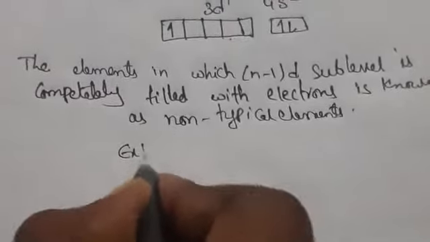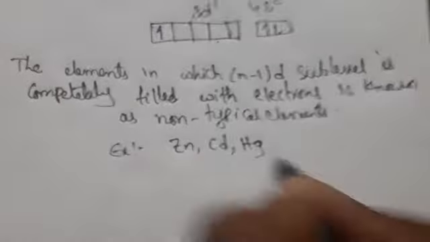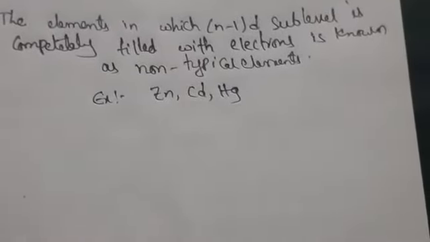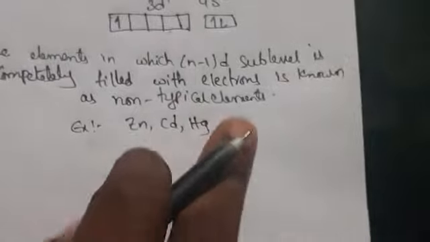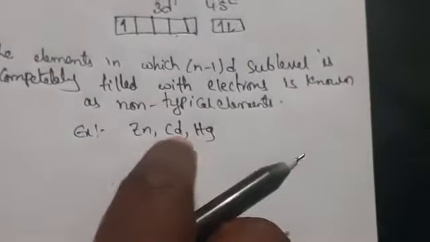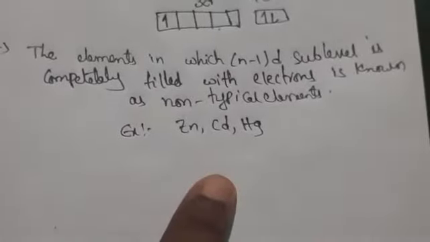Here for example we can take zinc, cadmium, mercury. So these three we call non-typical elements. Generally, we consider these as D block elements because they show similar properties to D block elements.